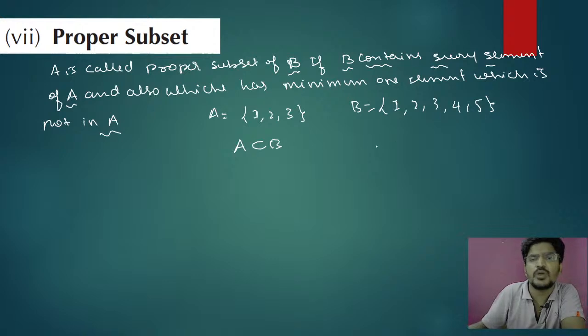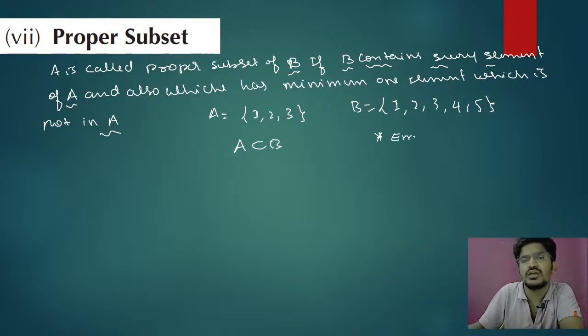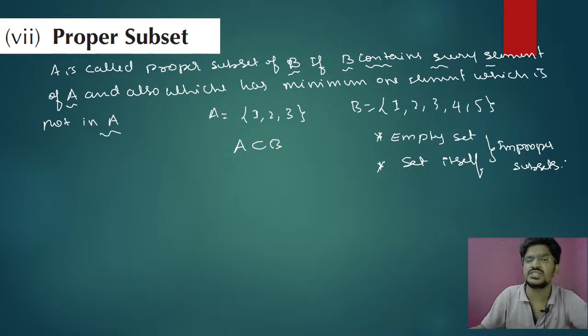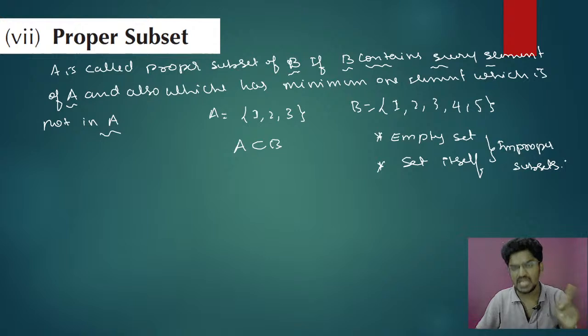Then what are the improper ones? The improper subsets are the empty set and the set itself. Clear? So there are always two improper subsets: one is the empty set as well as the set itself.